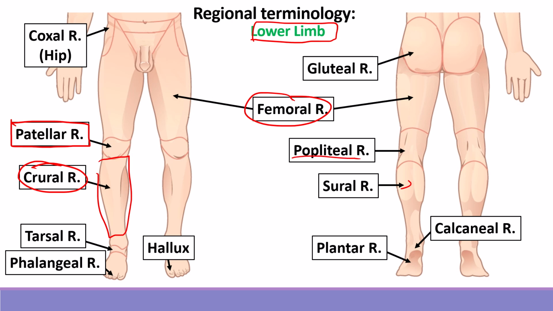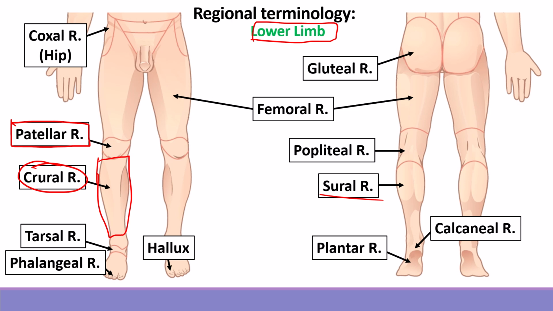Popliteal region: there's going to be a popliteal artery, popliteal lymph nodes, sural nerve. So once again, it's important for you to know these regions and memorize them, because that way when we learn other anatomical parts, hopefully it will be easy for you. If you still remember the names of the regions, you will know the names of organs or bones or nerves or arteries.